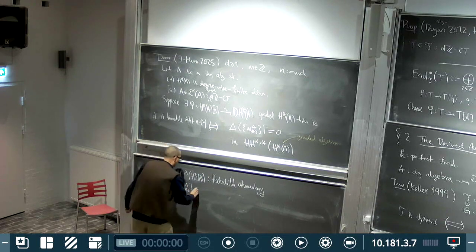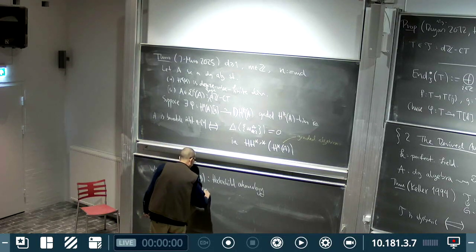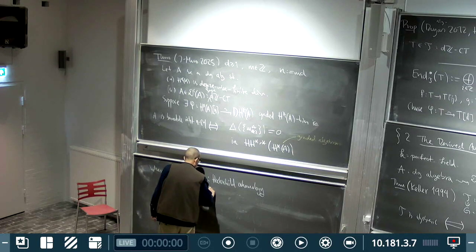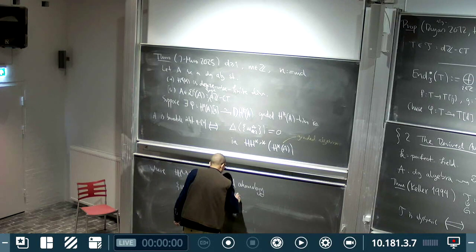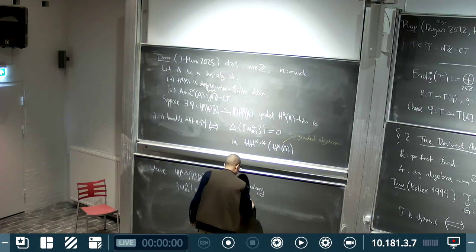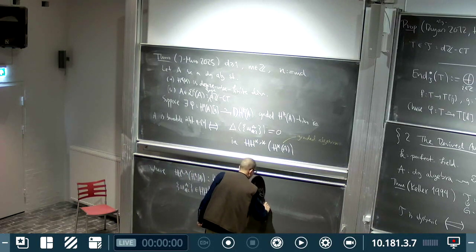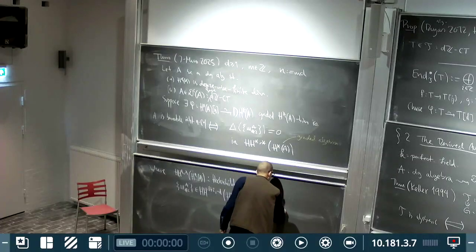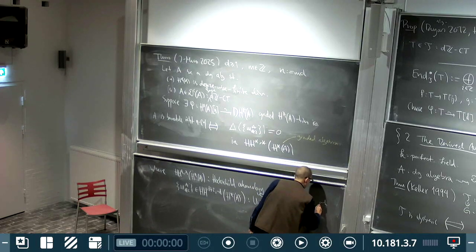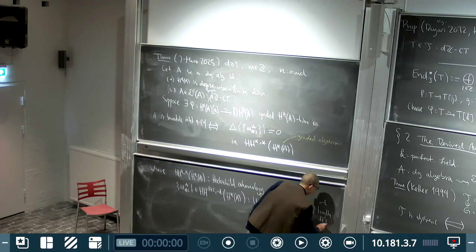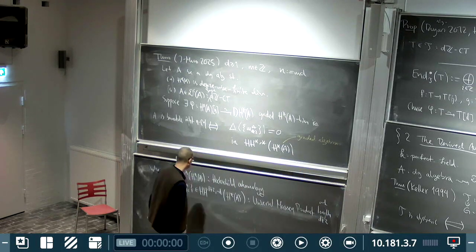This is a class of bidegree d plus 2, minus d on this Hochschild cohomology, which is called the universal Massey product of length d plus 2. I'm sorry for the long name.